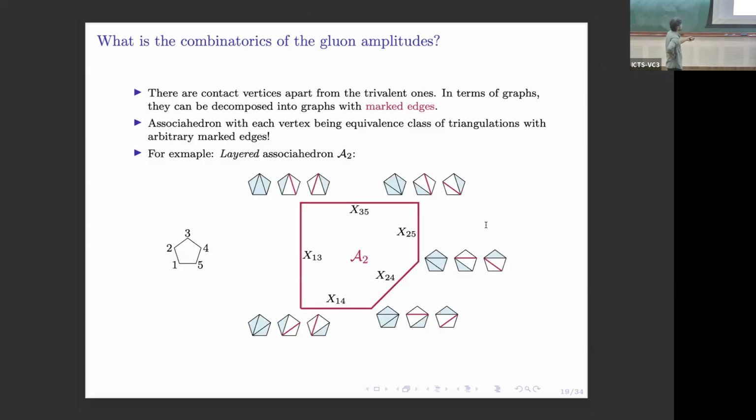Okay, so in the end, I will just say, not in the end, for tree level things, what is the... Exactly.